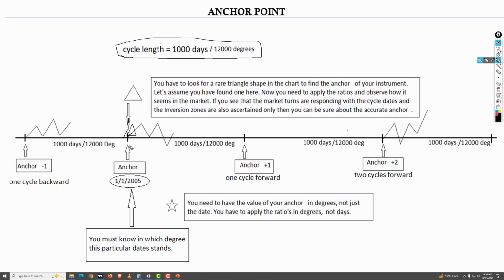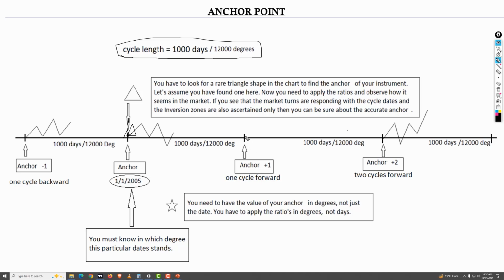And like I've said before, when you have the cycle length, you can easily move one cycle forward or backward. You can see the example here, okay? Like this is the anchor point, and from here, you can go one cycle forward here, okay?